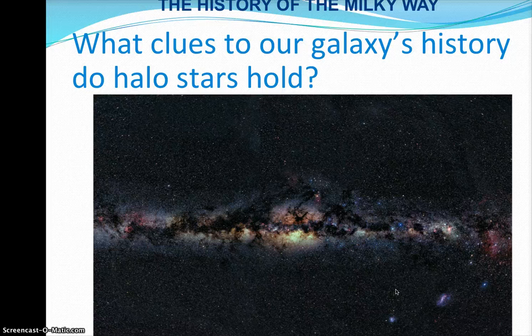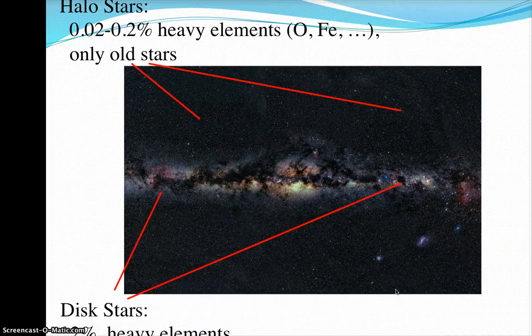So let's think more about the galaxy's history and think about the halo stars. Halo stars are interesting because they are made up of material that has very few heavy elements. And what that tells us is that these were formed in early stages of our universe, because in the very beginning of the universe, basically the only materials that were present were hydrogen and helium.